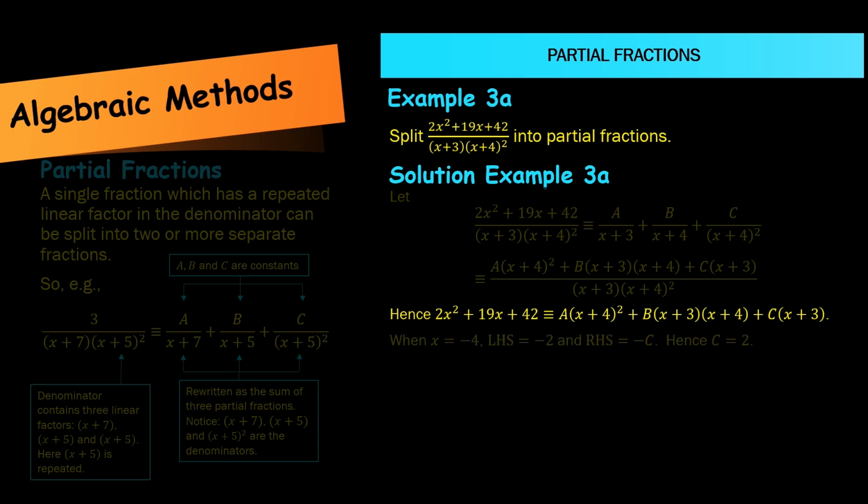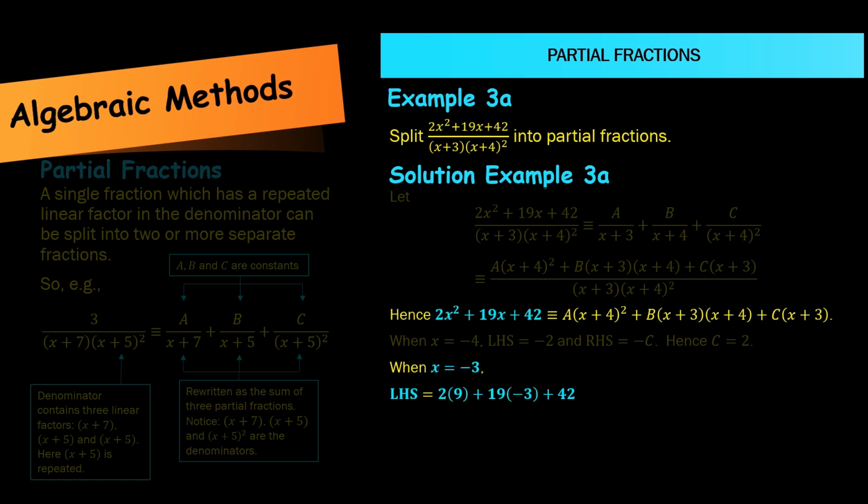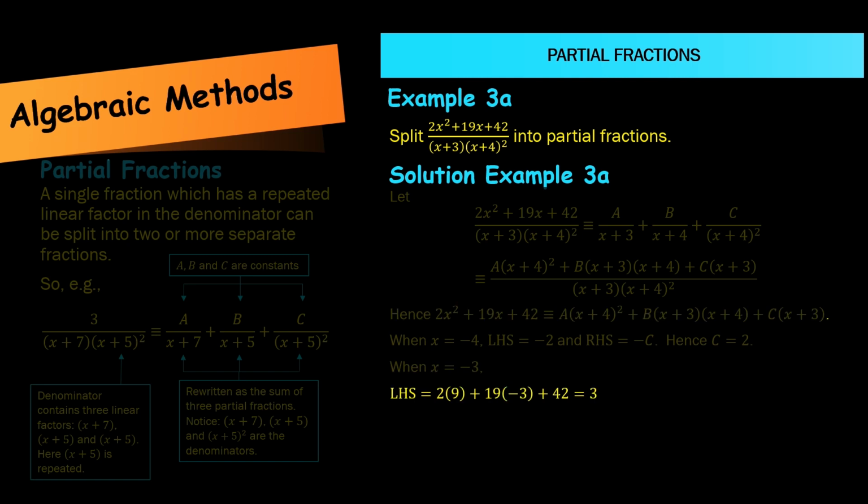When x equals -3, on the left-hand side, we have 2 times 9 plus 19 times -3 plus 42. And this is equal to 3.